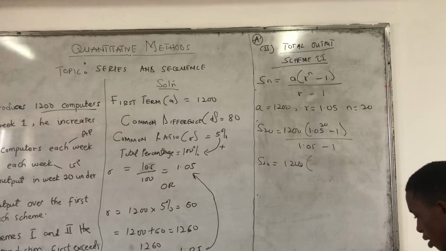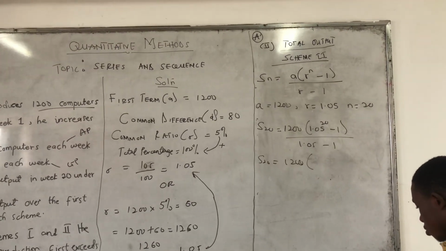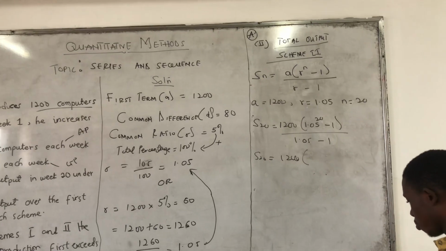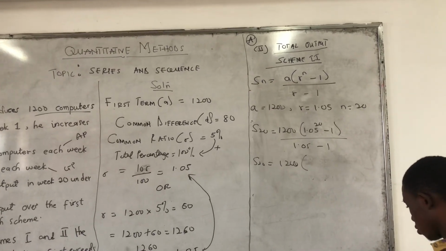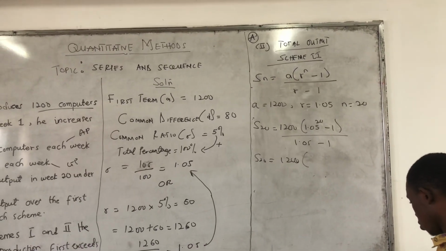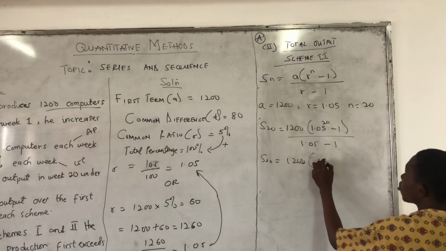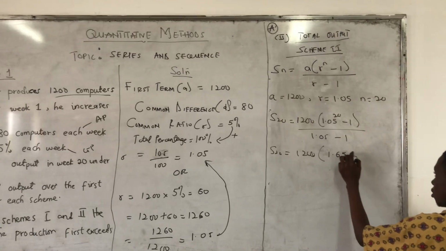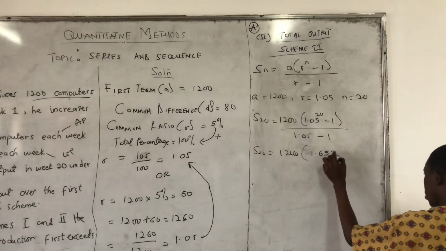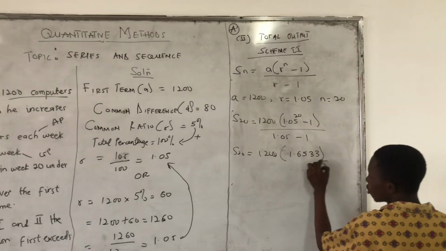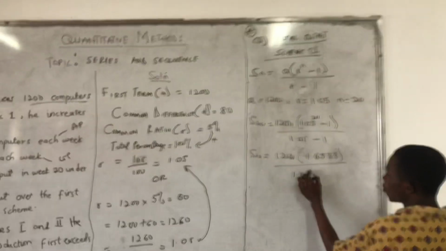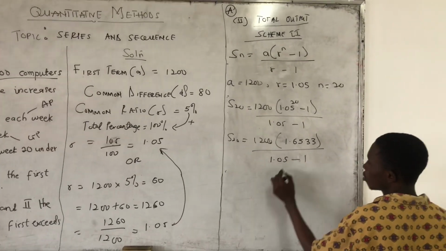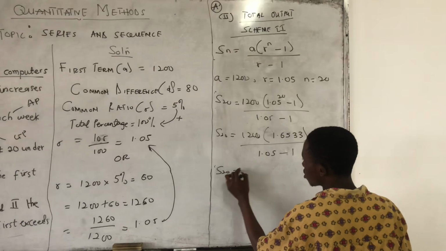Let's do the one in the bracket, 1.05 to the power 20. I'm getting 1.6533 all over 1.05 minus 1. Okay. So we have that.